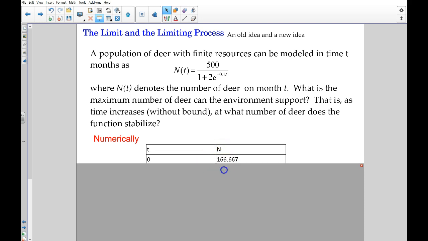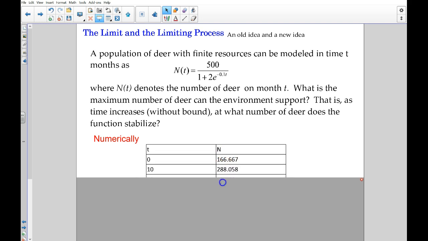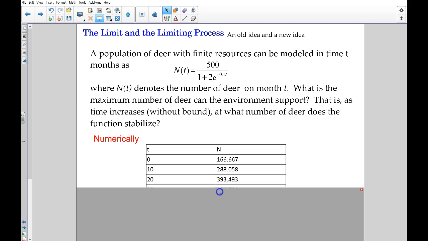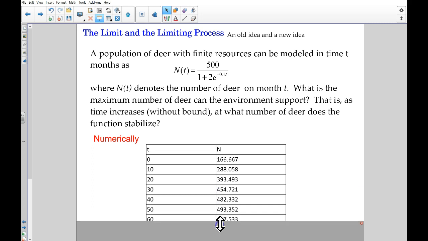If I start plugging in values at 0, since time can't be negative, we start at 0. If I put in 0 for t into this equation and solve for n, I get 166.667, and at 10 months it's 288 or so, at 20 months 393, and then I can continue.